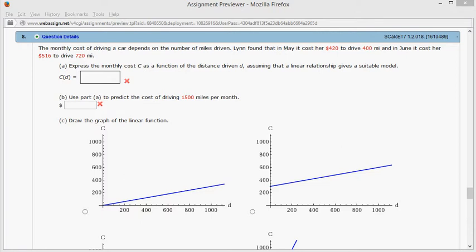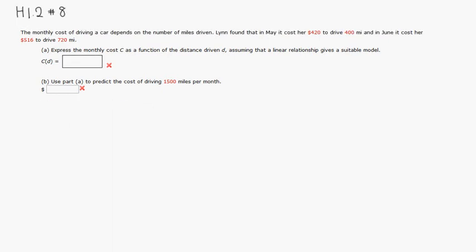So let's do that. In this case, instead of x and y, I'm going to use D and C. So let's find a couple of points. I'm going to call them D1, C1 instead of x1 and y1, and also D2, C2. The first point is 400 miles, so that's the distance.